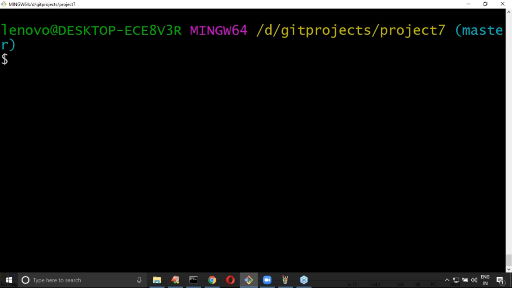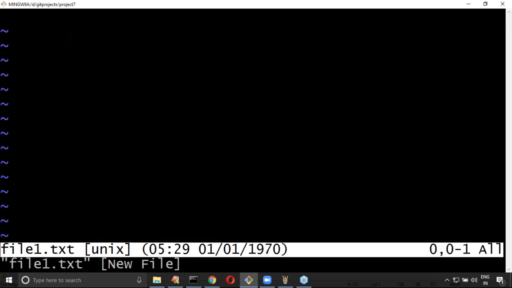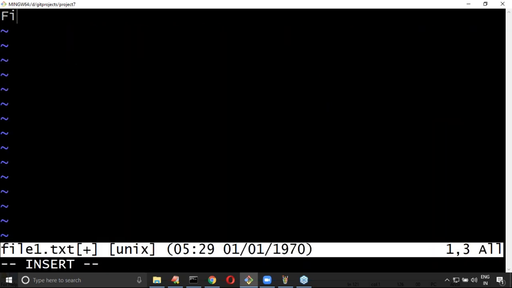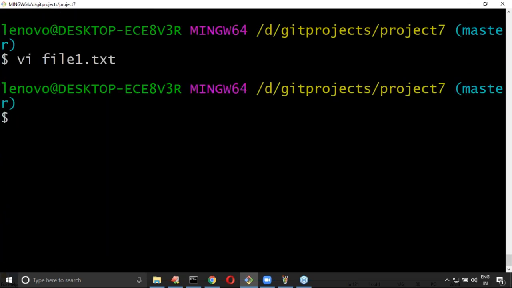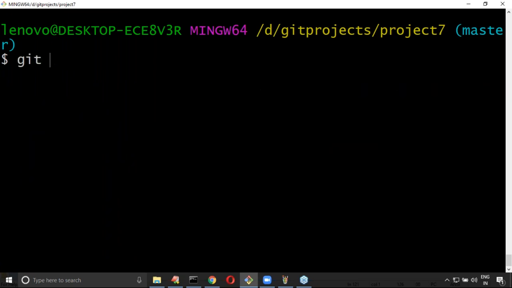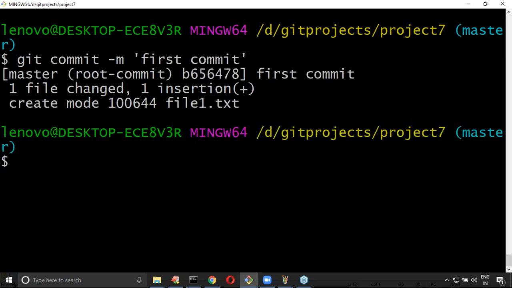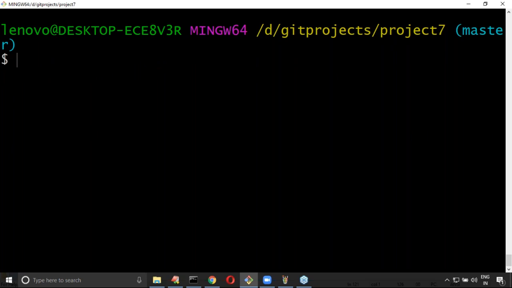Initialization happened. vi file1.txt. Here the first line in file1. Next, after that, git add file1.txt. Next git commit -m, first commit, something like that. First commit, yes, completed.